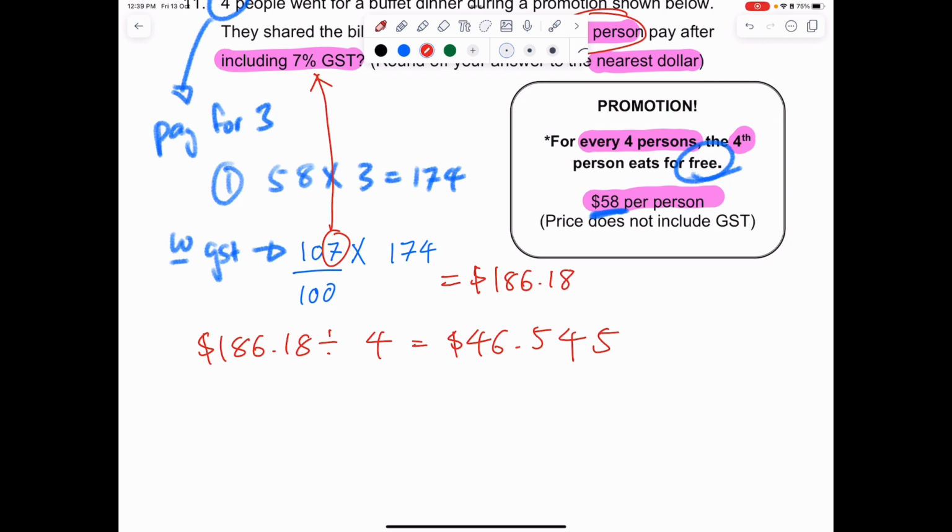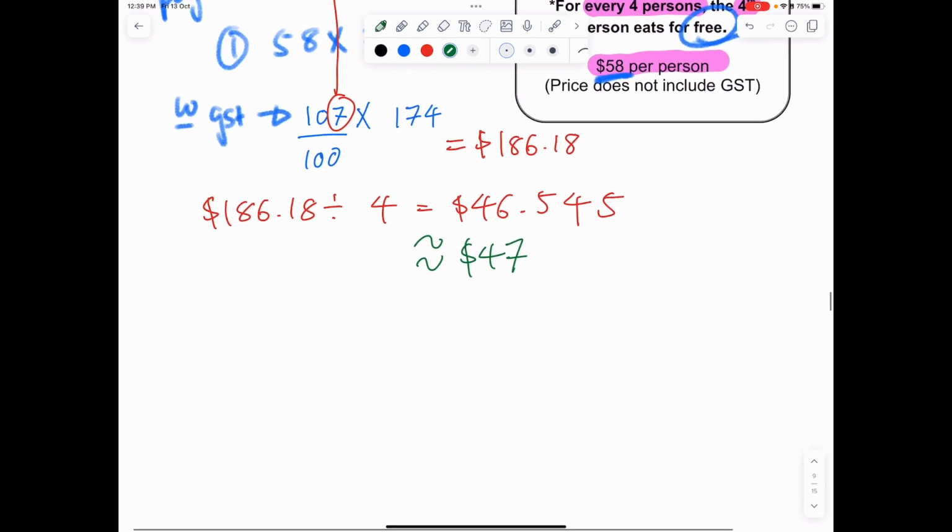Now, the question here is, they wanted you to round off to the nearest dollar. So the nearest dollar is over here. We need to look at the number that is after that to round off. If the number is 5 or more, we round up. So because this is a 5, we round up. And then the approximation of this price would be $47. That is your answer.